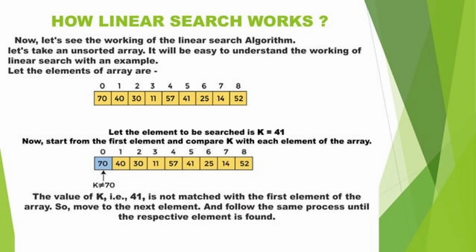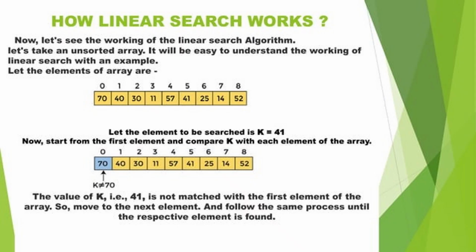Now how does a linear search work? Let us see the working of a linear search algorithm. If you see on the screen, we have taken some random numbers: 70, 40, 30, 11, 57, 41, 25, 14 and 52. These are 9 random numbers.